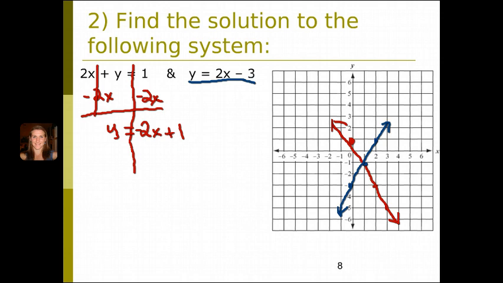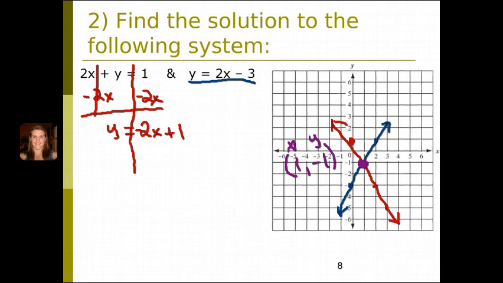And you can see here that our point of intersection is at (1, -1). Well, if we're going to check our work, all we need to do is plug in our value for x and plug in the value for y into both of our equations, and we can see if they're balanced.